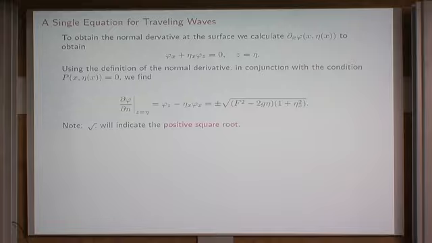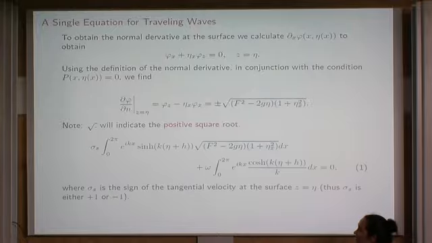But what ends up happening is very similar to what Olga was talking about, that you end up with this quadratic equation you can solve once you substitute the appropriate boundary conditions into the definition of the normal derivative at the surface. You end up with a quadratic you can solve solely in terms of eta. And so we have this square root that we can now plug in to that equation, and everything collapses down to a single integral equation for the free surface eta in terms of the constant vorticity omega.